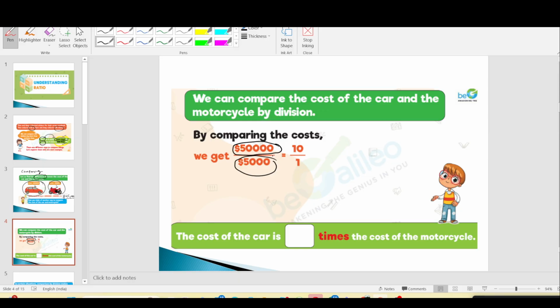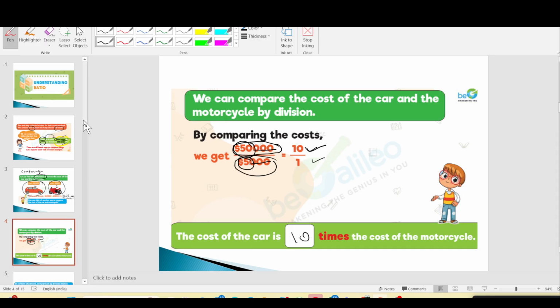If I divide them, what I will get is 10 over 1. These three zeros cancel with these three. 50 divided by 5 is 10, right? So I can say the cost of the car is 10 times the cost of the motorcycle, isn't it? And this is a better way of comparing things, isn't it?